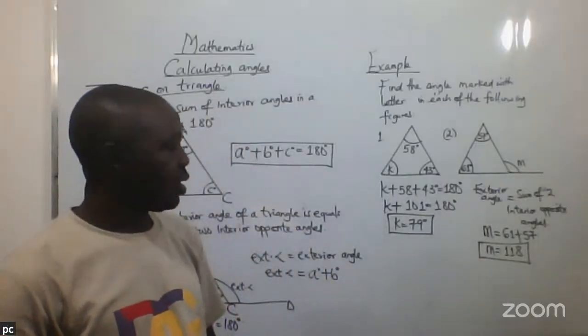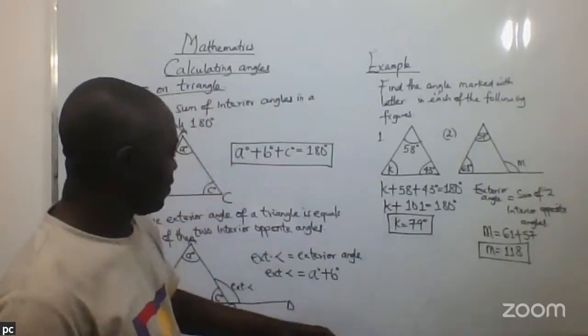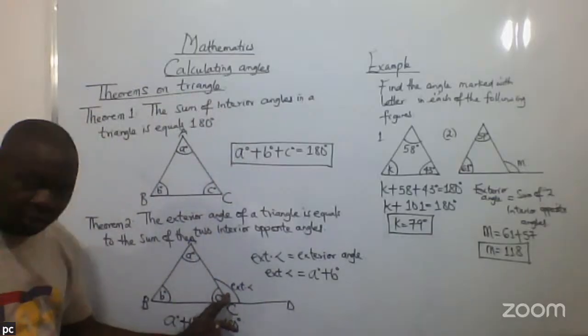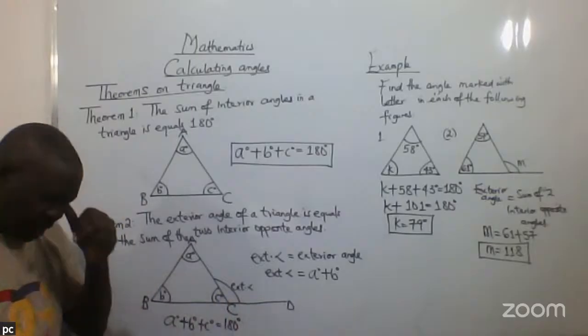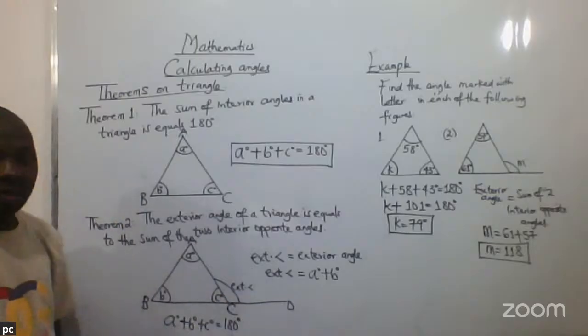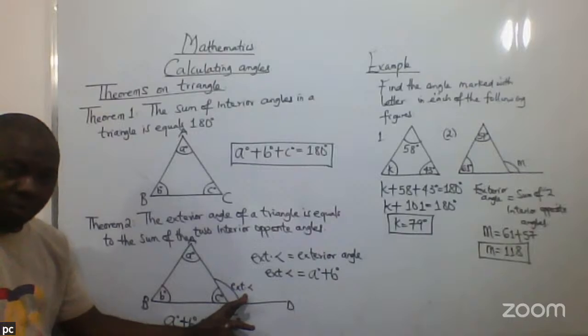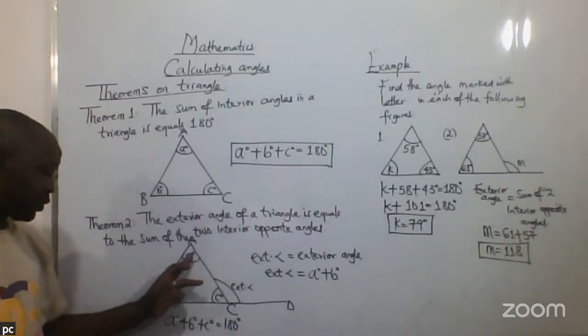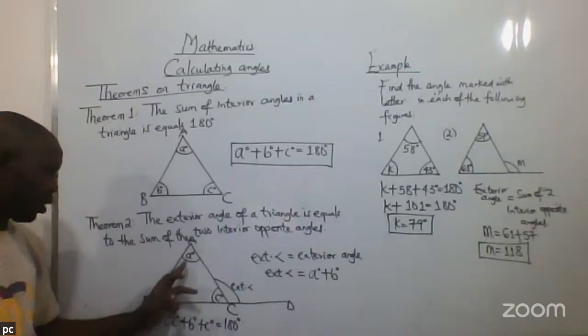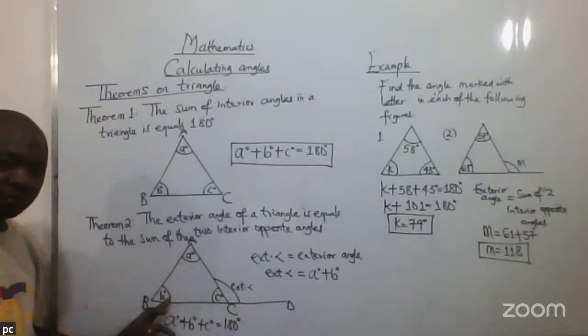Now listen. Exterior angle is equal to the sum of the two opposite interior angles, these two angles.